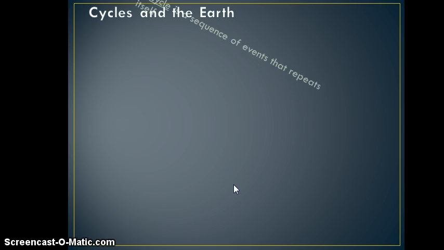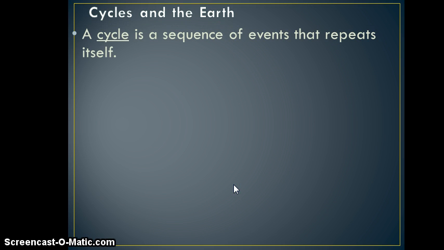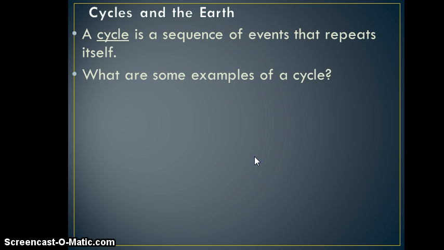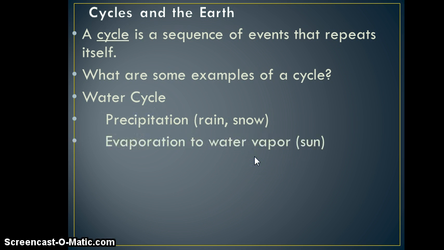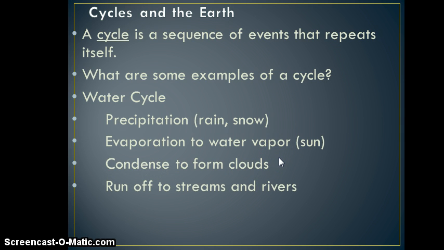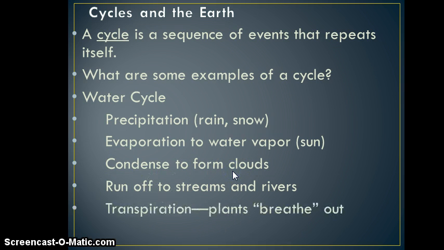We're going to look at other cycles. A cycle is a sequence of events that repeats itself. We're going to talk about examples of cycles. We'll start with the water cycle. For the water cycle, we have things like precipitation, evaporation, and condensation, which will lead to the formation of clouds, rivers, runoffs, streams. There are other things too: lakes, oceans.